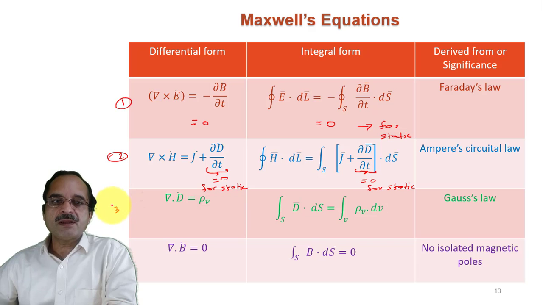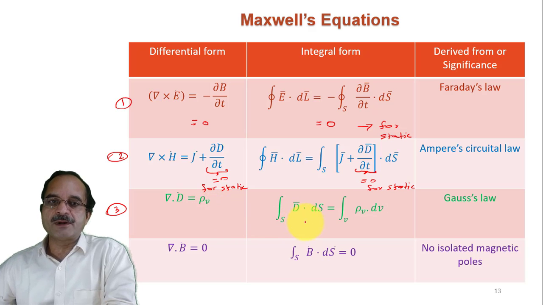Now equation number 3, divergence of D is equal to rho v. This equation remains same in case of static as well as time varying fields. So this is the integral form, surface integral D dot ds, which is equal to volume integral rho v dv. Now the equation number 4, which is derived from Gauss law for magnetostatics.